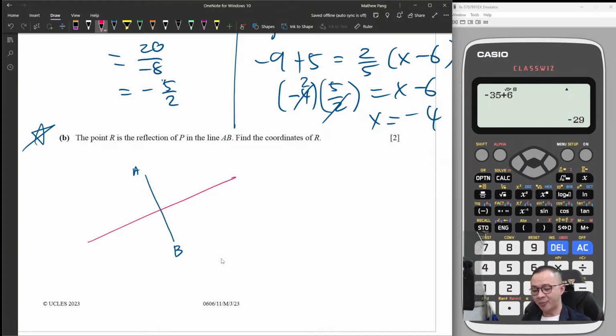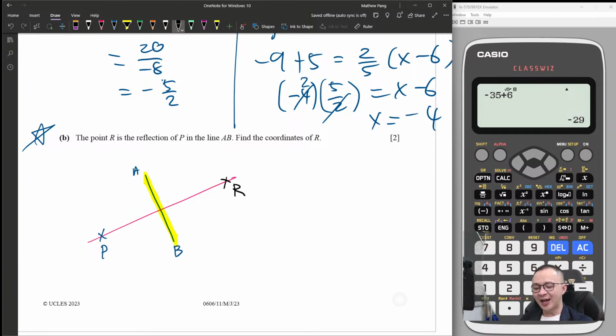Then my P is maybe somewhere here. This is my P. So R will be the reflection of P at this line AB. So that means it's going to reflect to the opposite, isn't it?